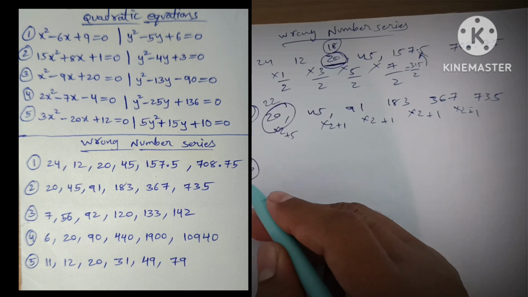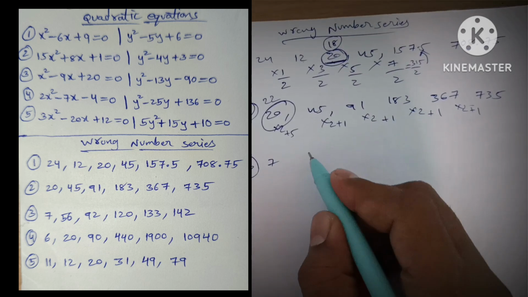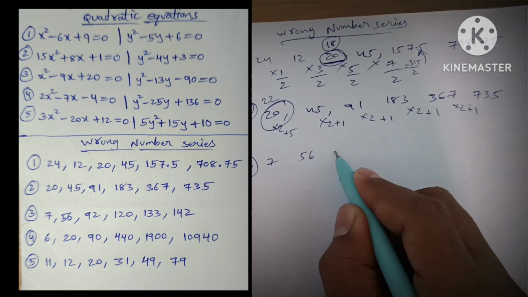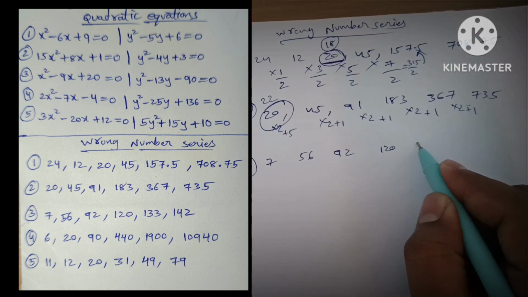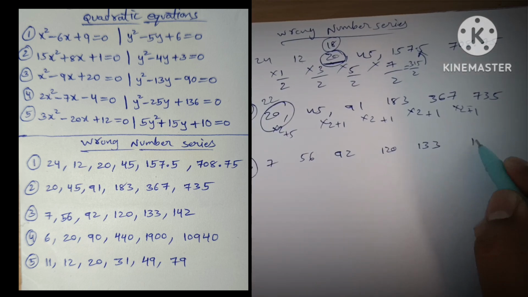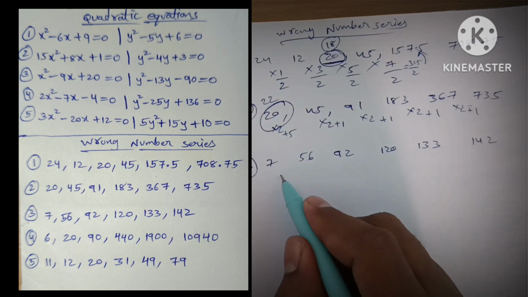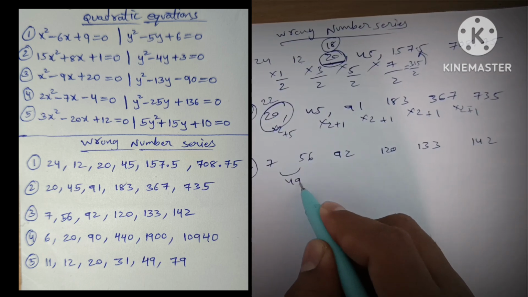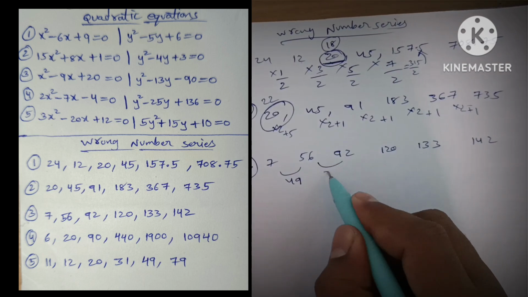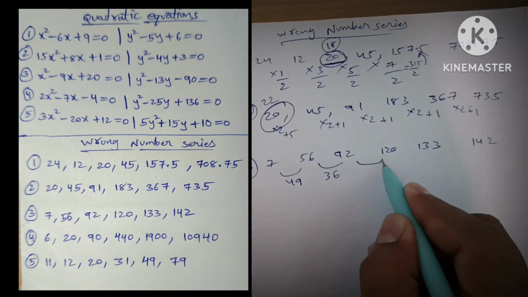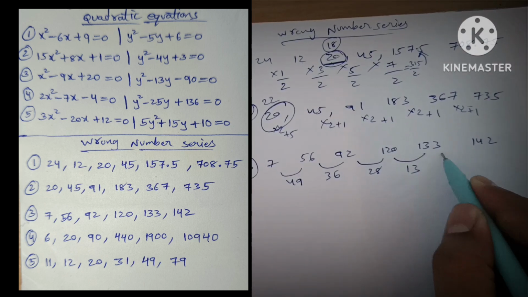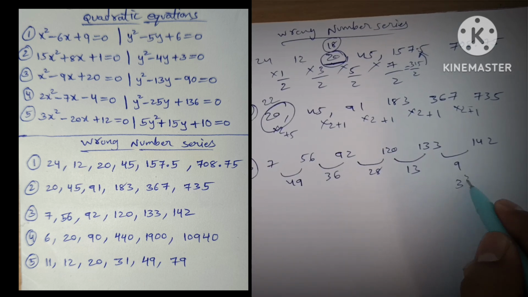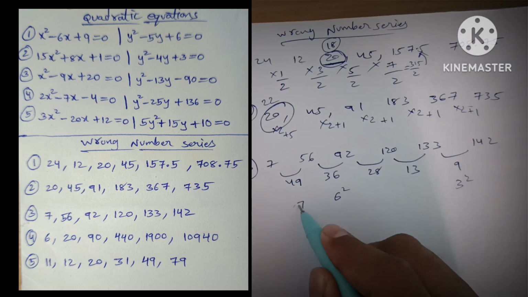Third one: 7, 56, 92, 120, 133, 142, 49, 36, 28, 13, 9. 3 square, 6 square, 7 square.